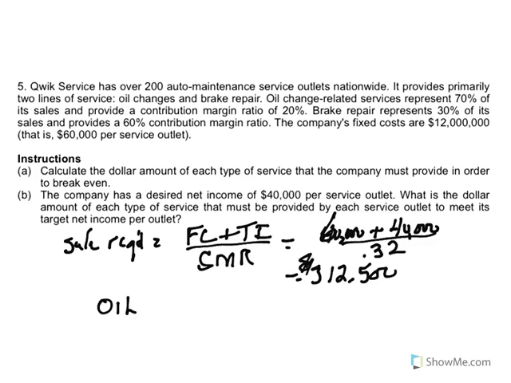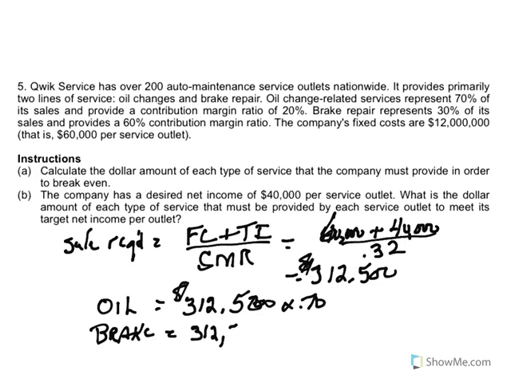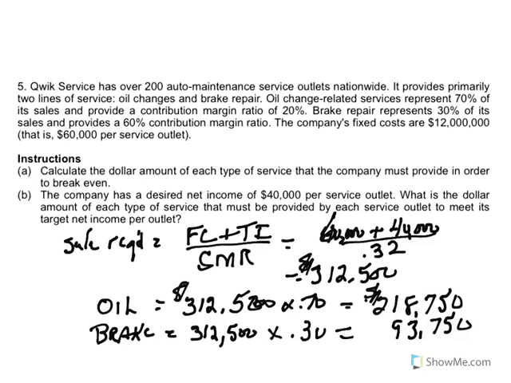So oil would be 70% of the 312,500. And brakes would be 312,500 times 30%.